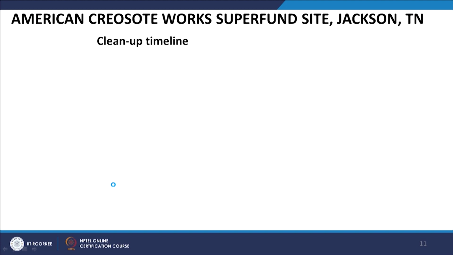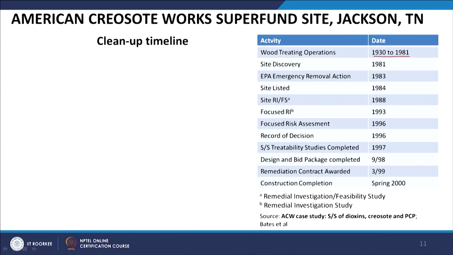So let's move on. The cleanup timeline, just to get you an idea about how things were done. So it ran from the 1930s to 1981, and then it was discovered that this particular site was contaminated, and then an emergency removal action, some relief around 1983.